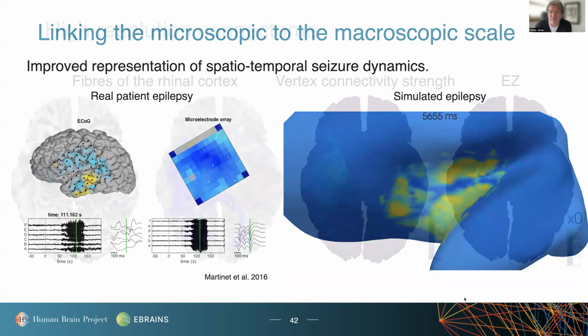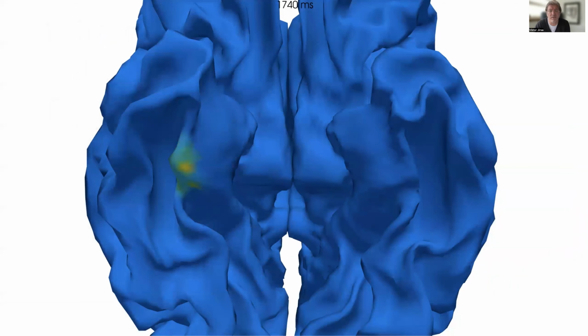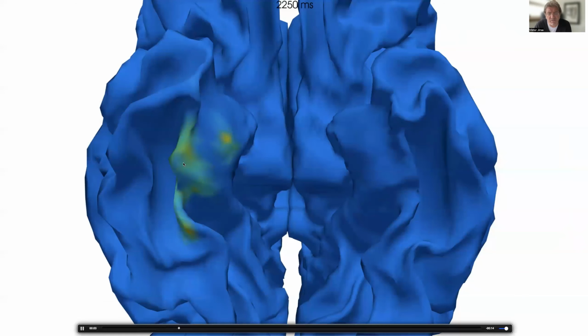This is just an outlook to show you where we can go. Here you have the rhinal cortex identified, projecting into other areas. When we put an epileptogenic zone there into the rhinal cortex, you see activity arising and propagating, not continuously, but recruiting other areas.